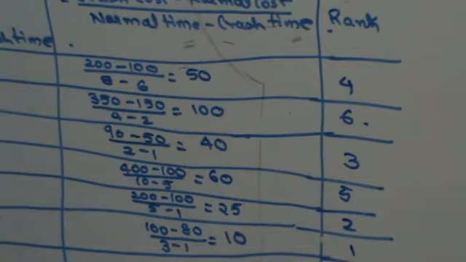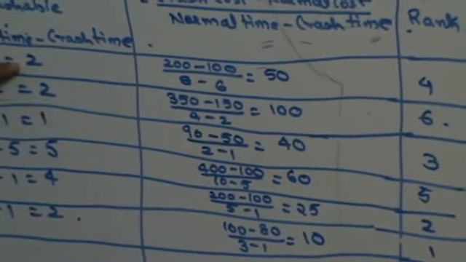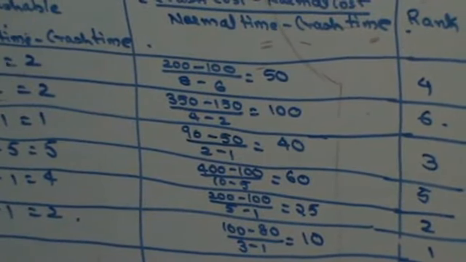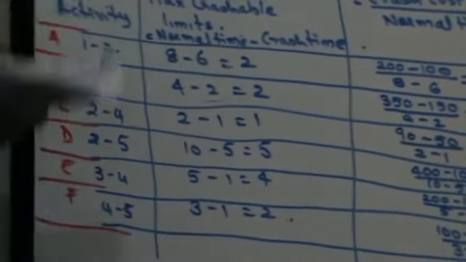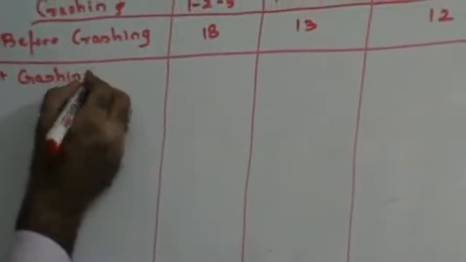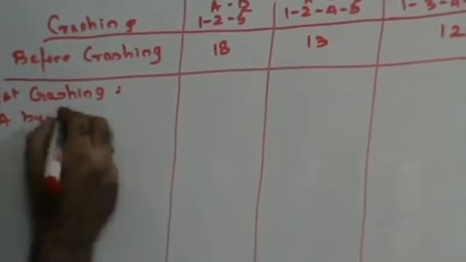Now A can be crashed for how many days, guys? A can be crashed for 2 days. You will not crash both the days simultaneously. Crashing is always done 1 day at a time. So you will have first crashing, which is A by 1 day.